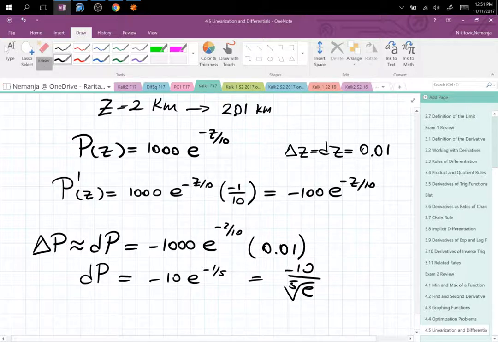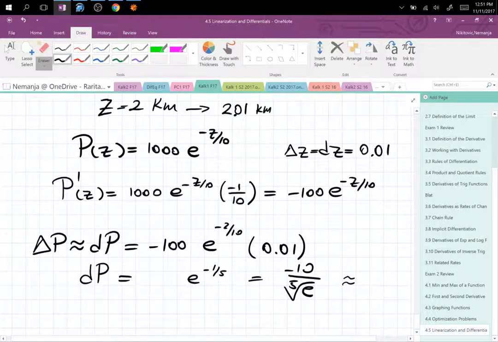Now you can go and figure out what this decimal is. So that's negative 10 divided by e to the 1/5. Yes, I just put that in the derivative function. It's supposed to be 100, so this is just a negative 1, right?